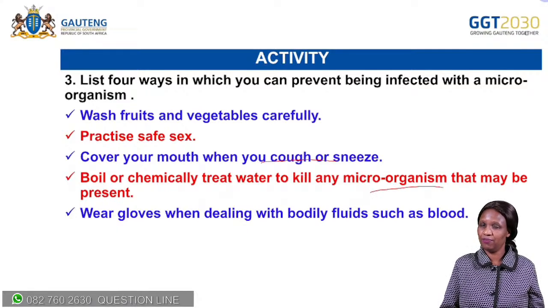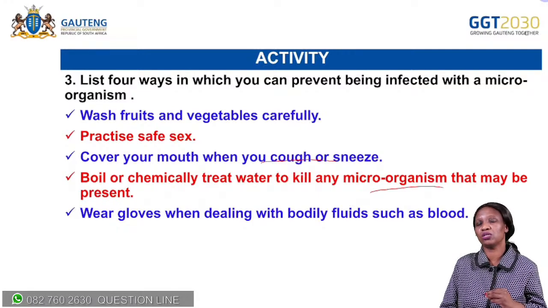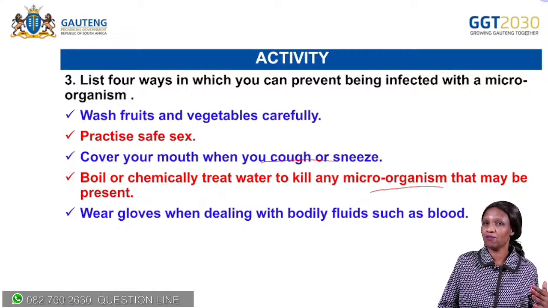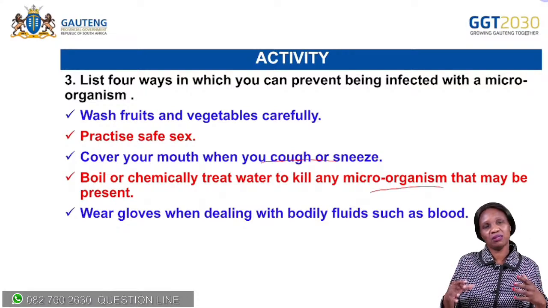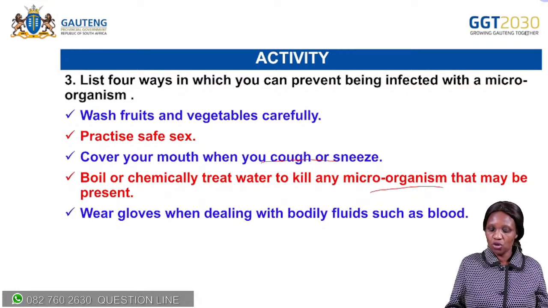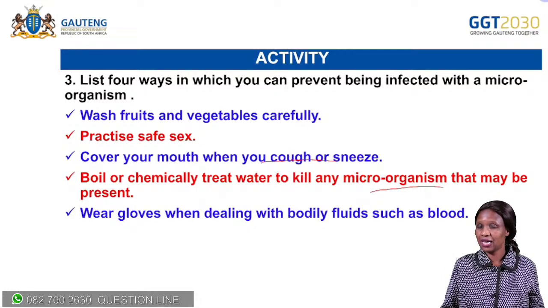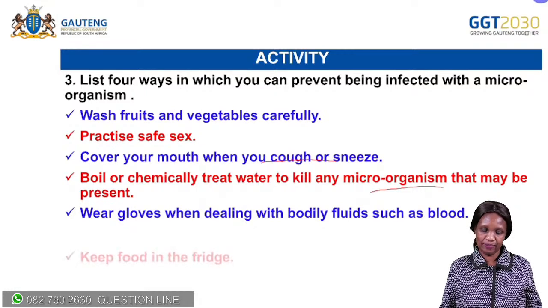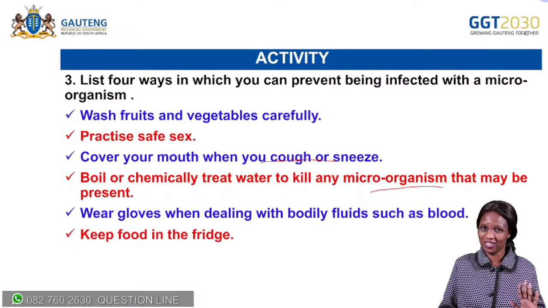That's why when you are making a salt sugar solution, you need to boil your water first to make sure that you kill the microorganisms that are in it. And then you need to wear gloves when dealing with bodily fluids such as blood. And we always keep food in the fridge.